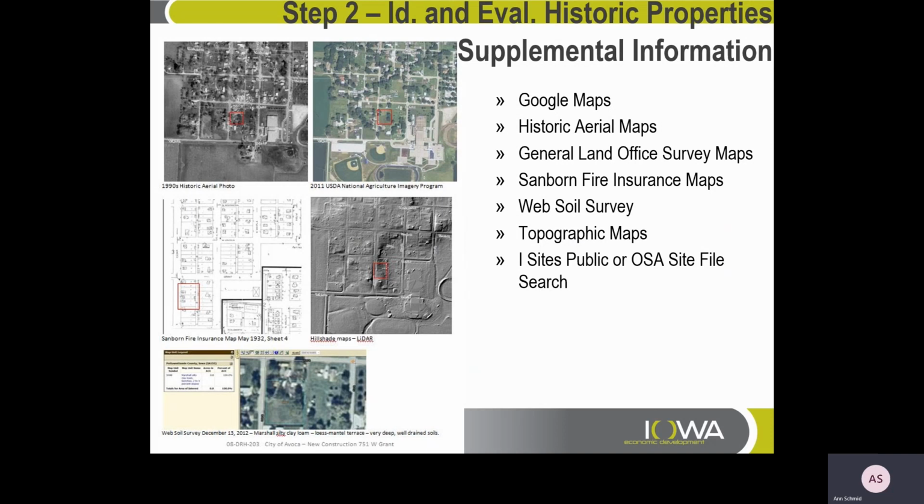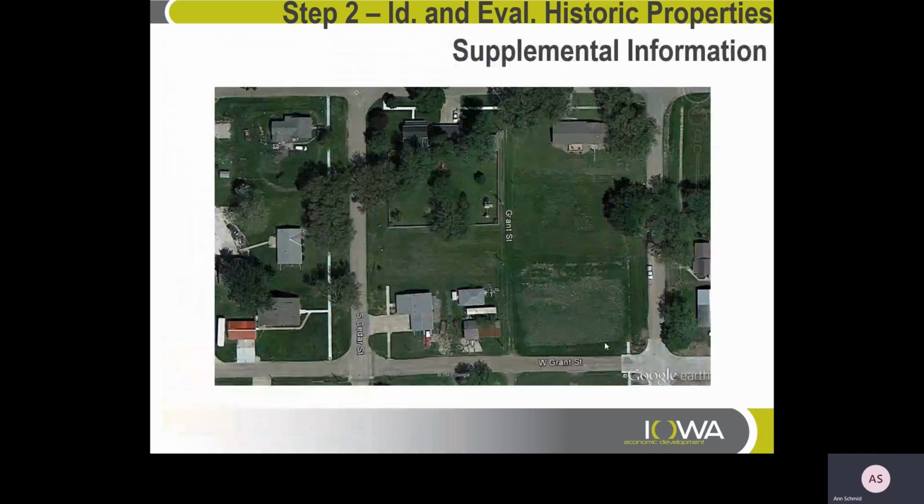Sanborn fire insurance maps are great for dating properties or showing change in land use over time. We can also use web soil surveys to identify soils that may have higher probability for archaeological deposits. Topographic maps, or even the iSites Public or the Office of the State Archaeologist site file search are great ways to inform the probability for archaeological resources.